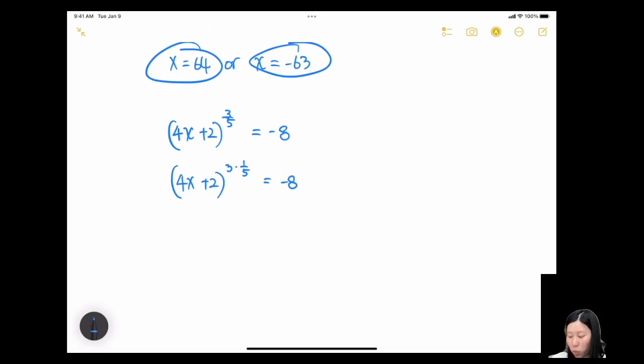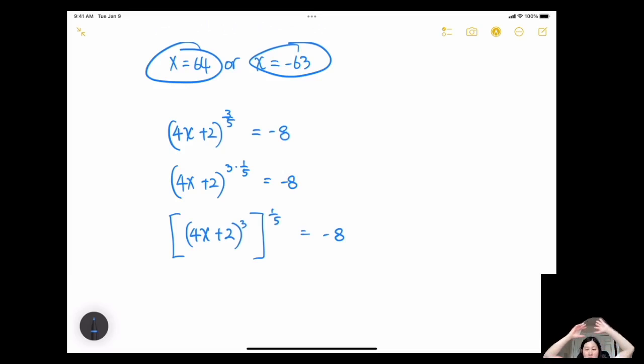So I can see it as another bracket with 1/5, equals negative 8. So this is the 5th root, right? 1/5 is the 5th root.